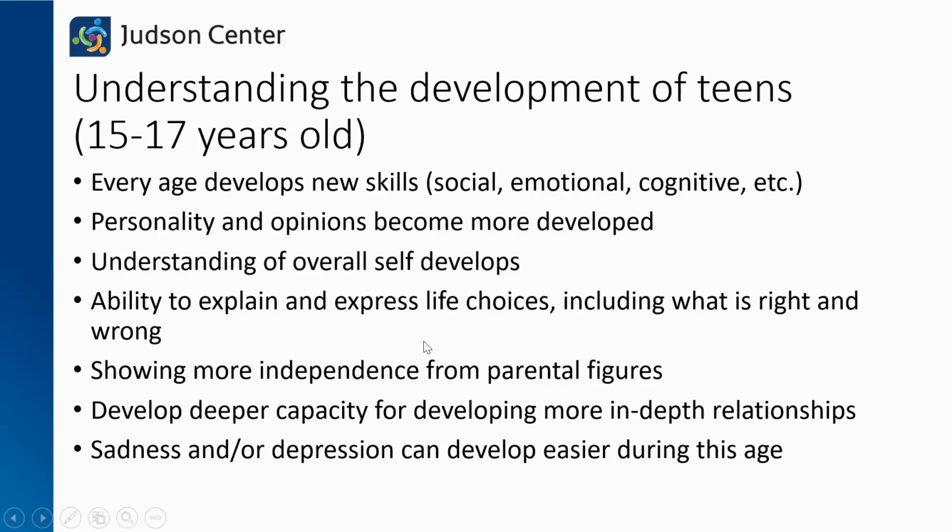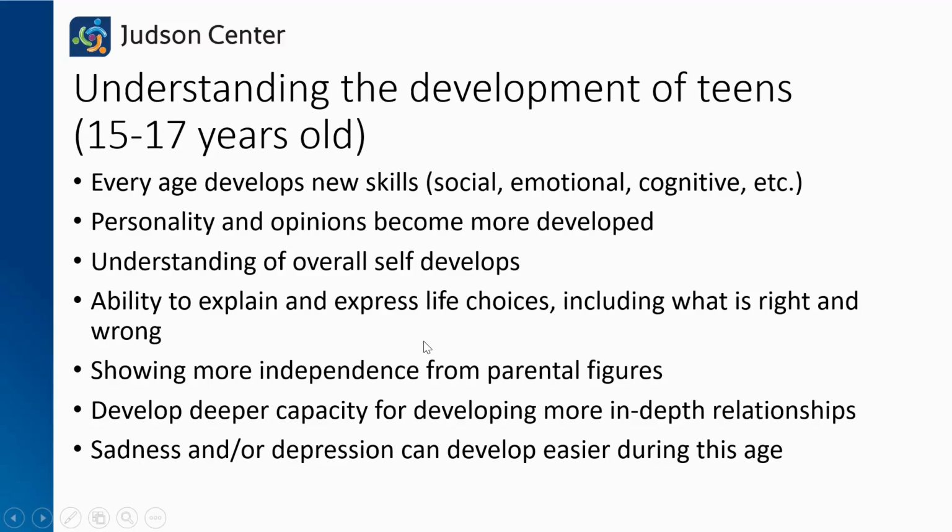Every age group develops new skills. Our social skills, emotional skills, and cognitive skills develop through the majority of our lifetime. Our personality and opinions become more developed at that age. Our understanding of ourselves starts to develop a bit more, and our ability to explain and express life choices, including what is right and wrong.